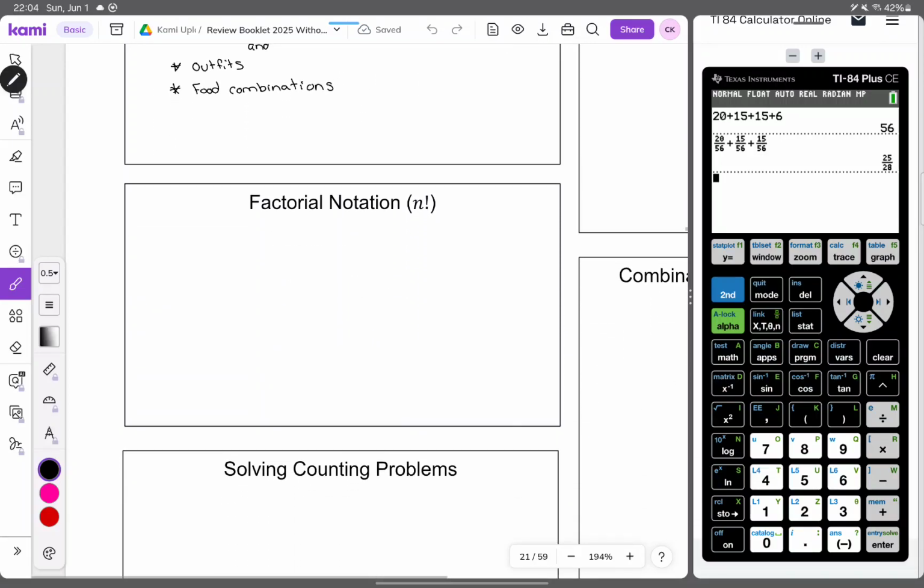And then we learned about this factorial notation. It's when we were really excited about numbers. So it was always for a positive integer n.